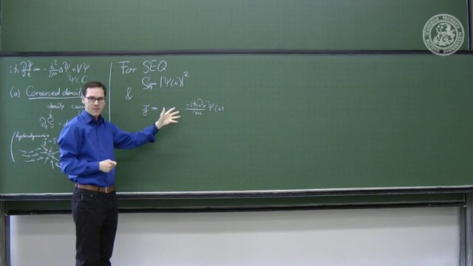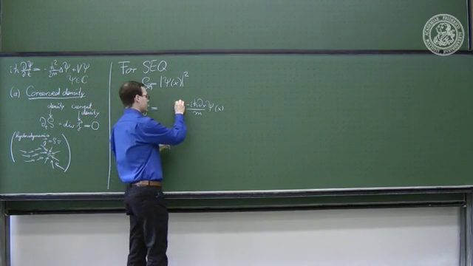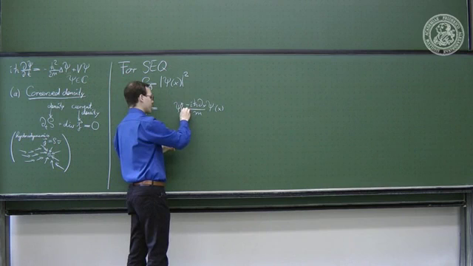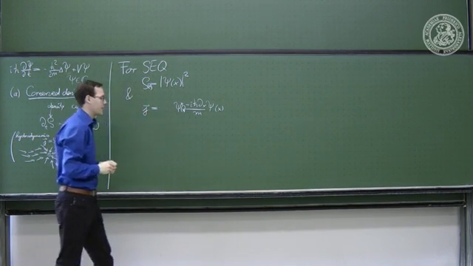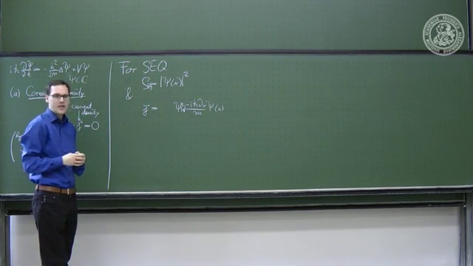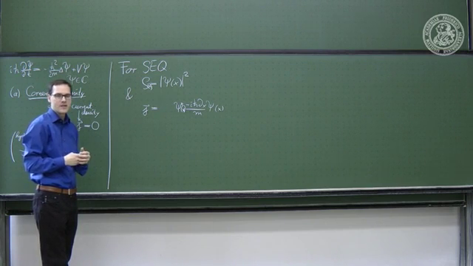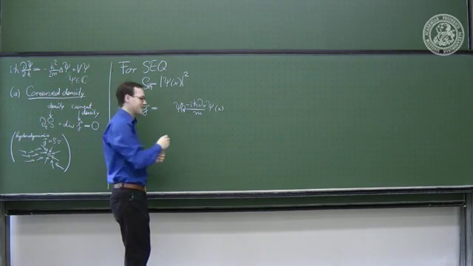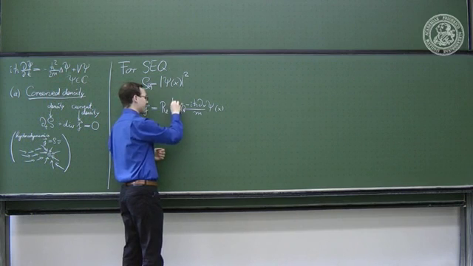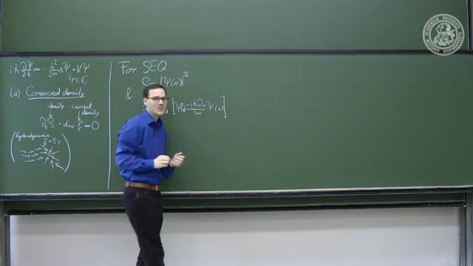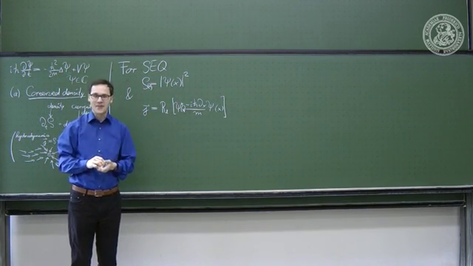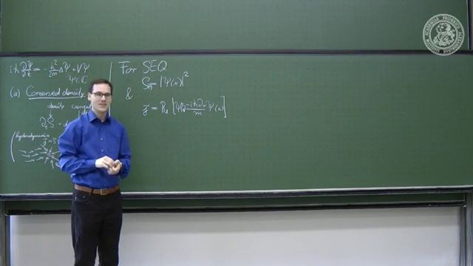So we need to get another psi in there, and the way to do it is just to multiply by psi star from the left. And then it's still not quite correct, because this would still be a complex quantity, but we can fix it. We can just take the real part. And this then is the correct current density, actually.